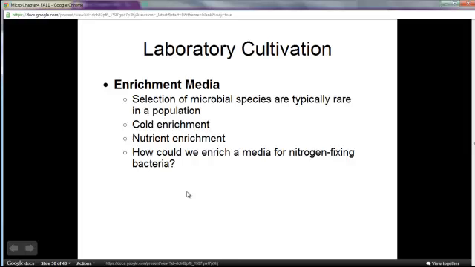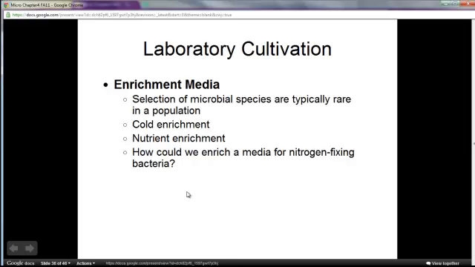So it's a way in which you can set up a media type in which the rare species are given the type of environment that they can thrive in. So they're going to grow more than they normally would, and conversely, the more dominant species are not going to grow as well as they normally would.